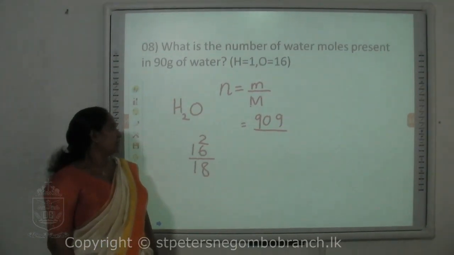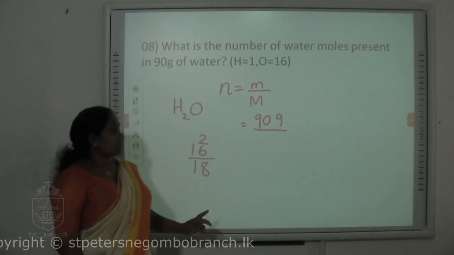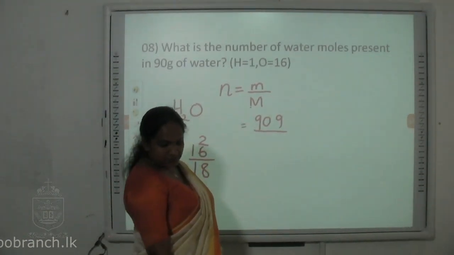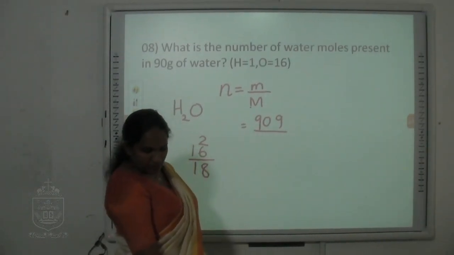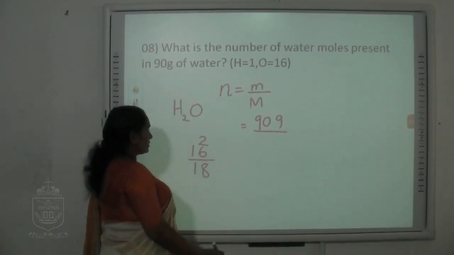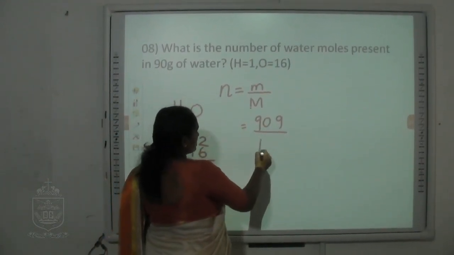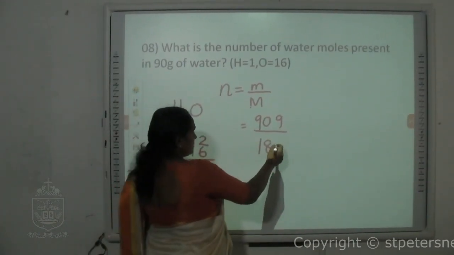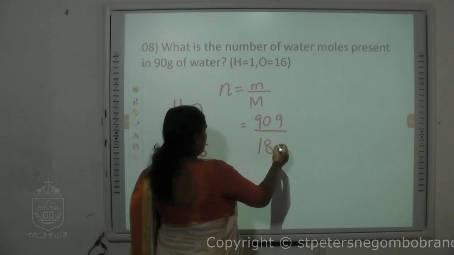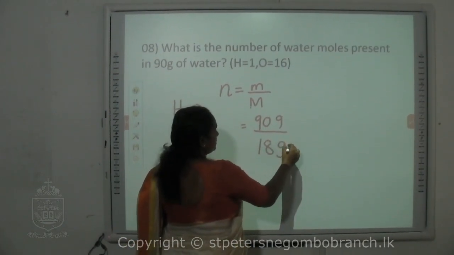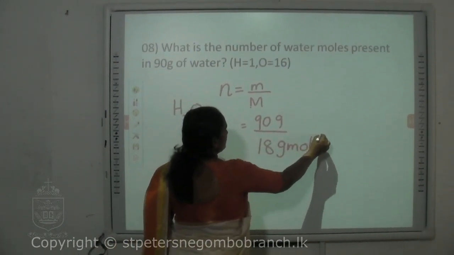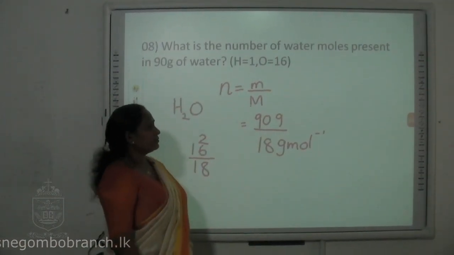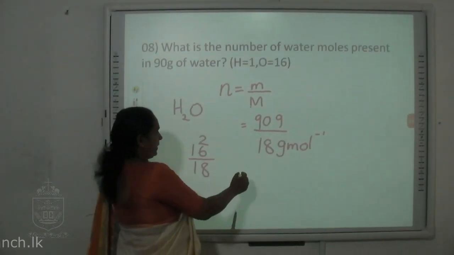From that we get the molar mass, which is again 18, with a unit of grams per mole: 18 grams per mole. Now we can find the answer easily.